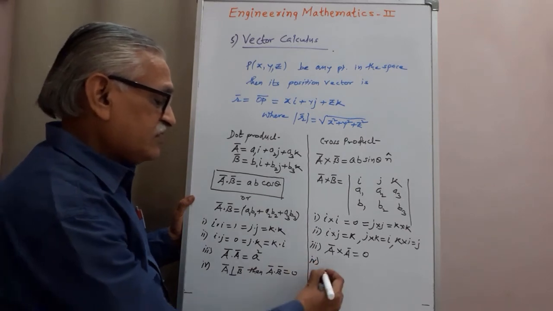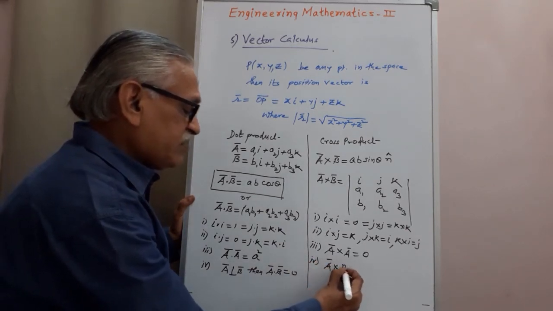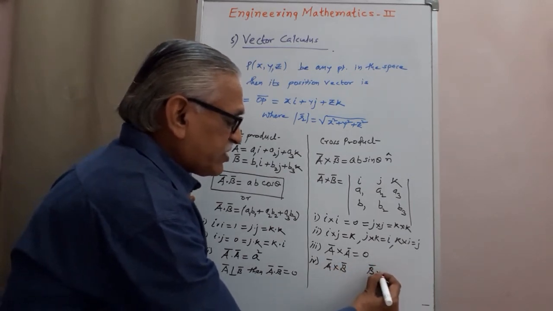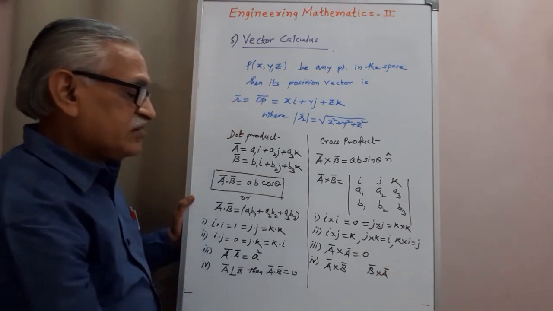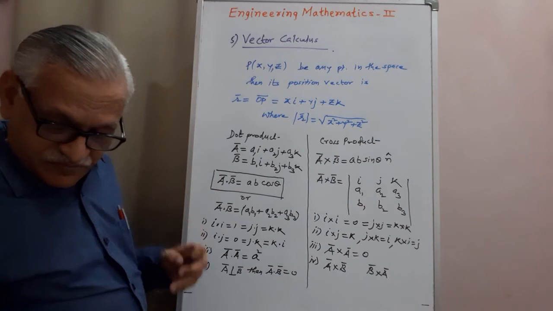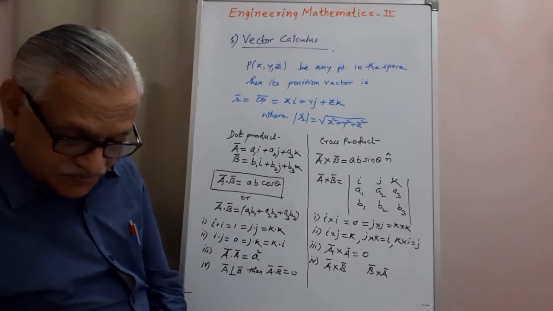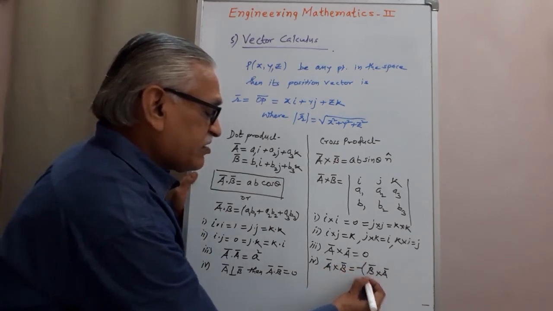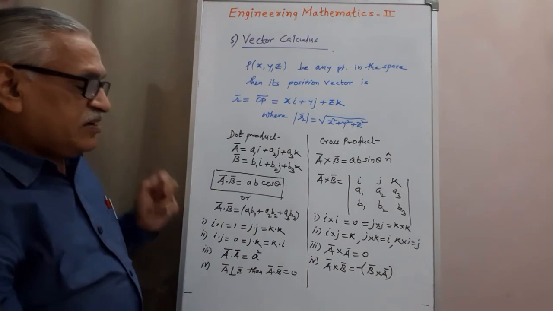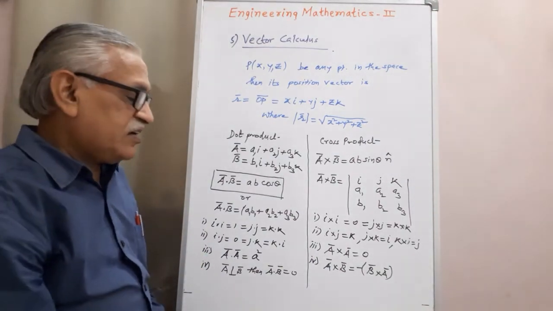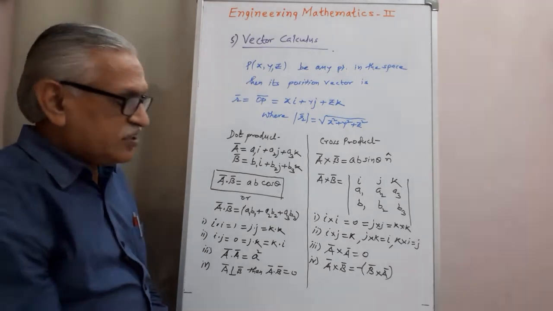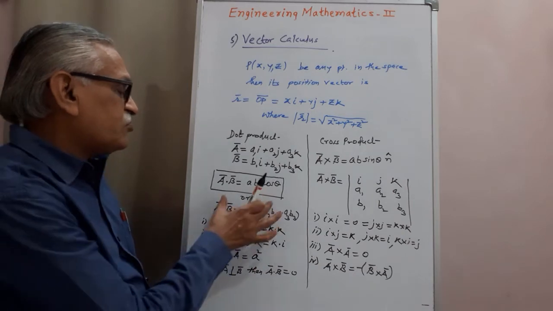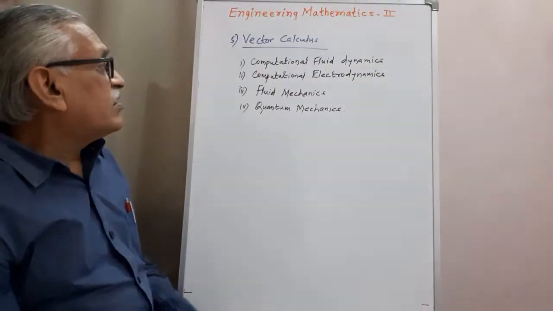Fourth one, vector A cross vector B and vector B cross vector A are the same but with a negative sign. Here the order is very, very important while performing the cross product. If you change the order, the sign changes. These are some of the important properties of the dot product and cross product.